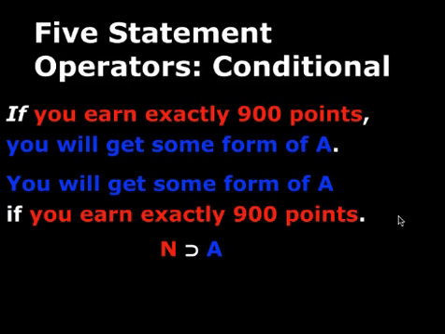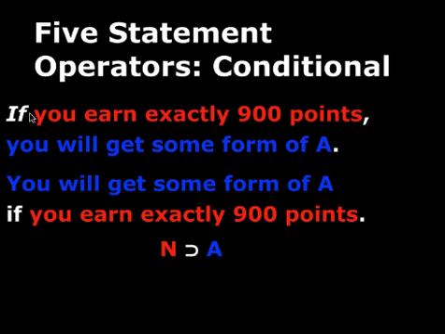But when it comes to translating into our formal notation, order does matter. Antecedents always go on the left. Consequents always go on the right. So when you're looking at the English version of a conditional, don't get caught up on which one shows up first.